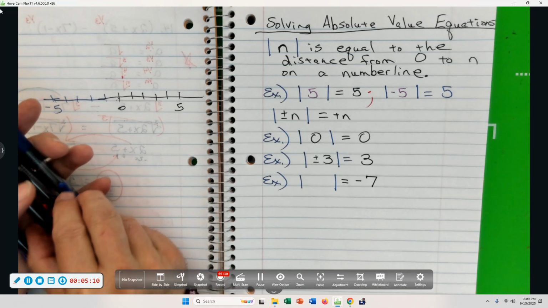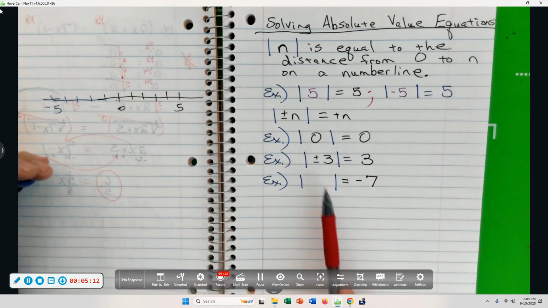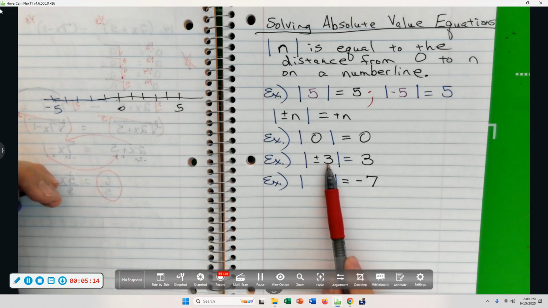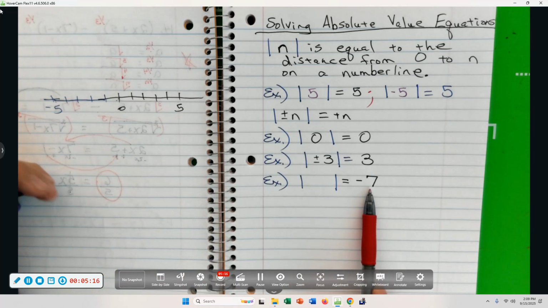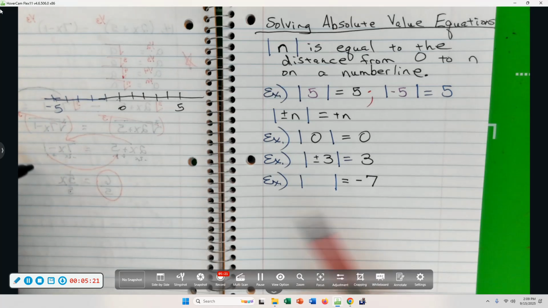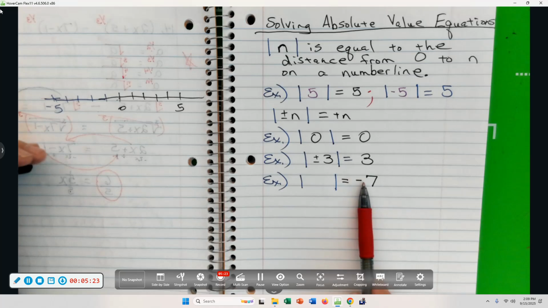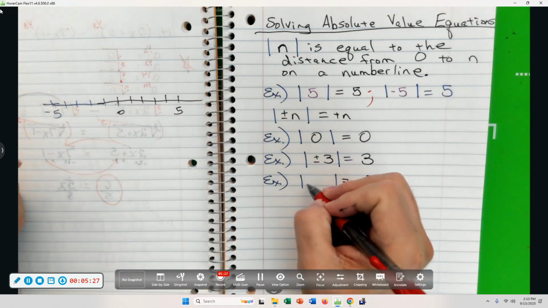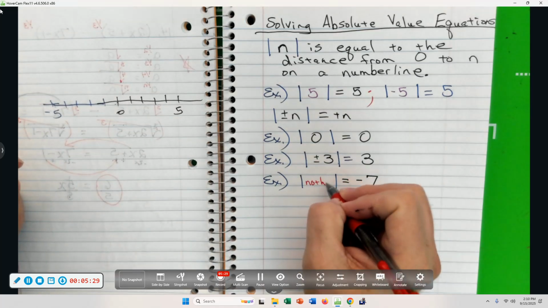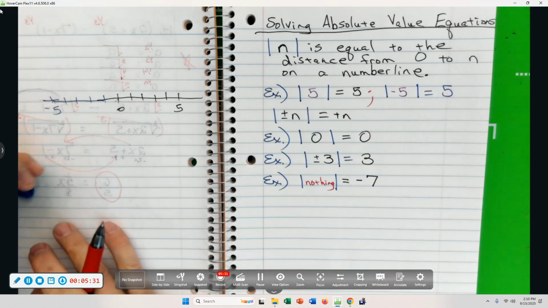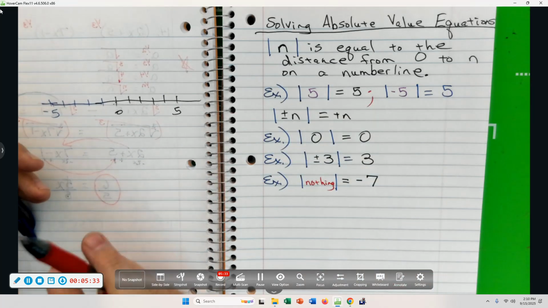The common mistake is people say -7, but if you take the absolute value of -7, are you going to get a -7? No. What about a +7? If you take the absolute value of a +7, are you going to get a -7? No. So I'll say nothing. The absolute value of nothing is going to equal a -7.